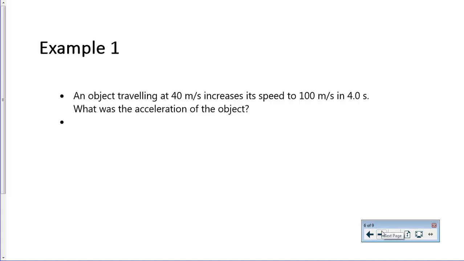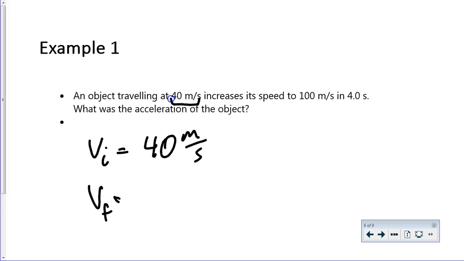So example number 1. An object traveling 40 meters per second increases its speed to 100 meters per second in 4.0 seconds. What was the acceleration of the object? So what's important in the question? We have 40 meters per second, which is your V1, or VI, and we have our VF, which is 100 meters per second, and we have our time, which is 4 seconds.